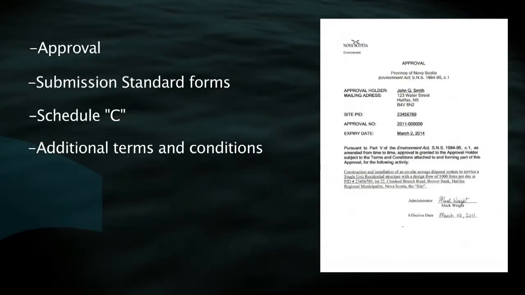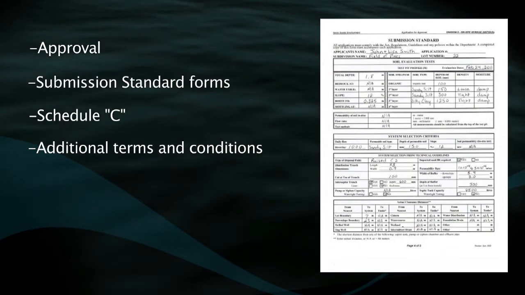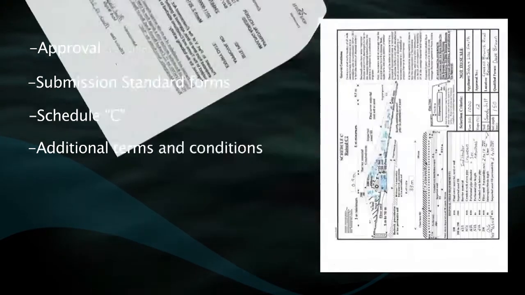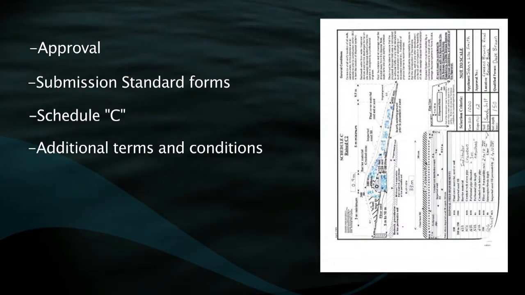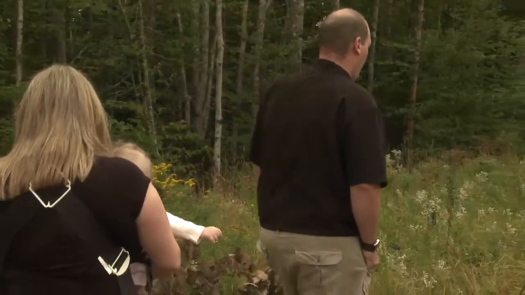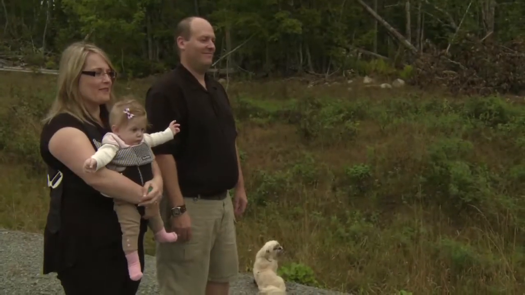The QP2 will provide a copy of the approval and the submission standard forms to the homeowner. The homeowner will then contact a licensed on-site sewage installer to install the system.